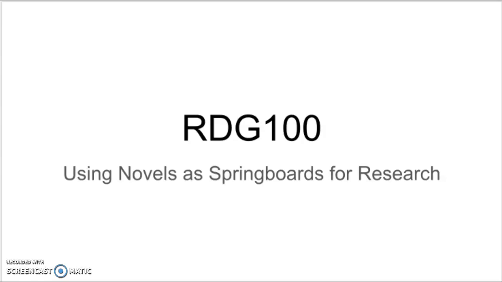When we see those on a personal level in these novels and memoirs, that will then be used as a springboard for critical research on those topics, themes, and ideas in our library database system, where we're going to find research articles that are going to give us factual information about those topics. So we use the novels as springboards for research.